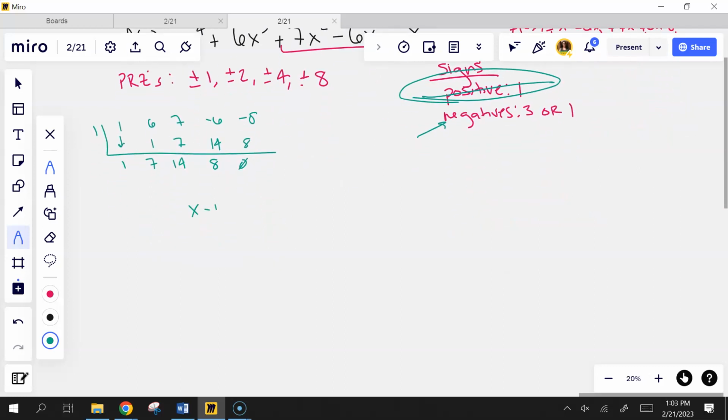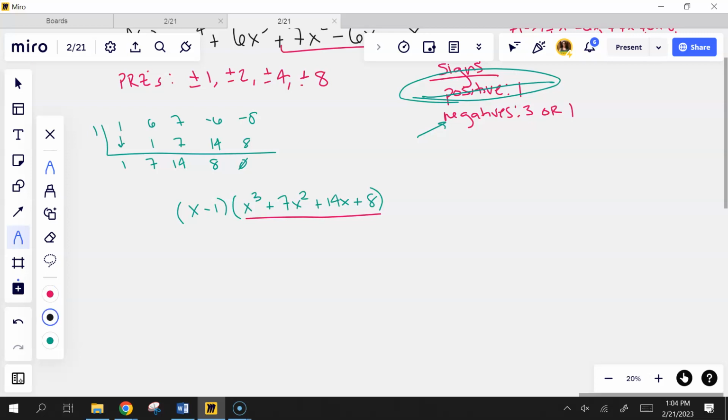So it's actually x minus 1 times, plus 7x squared plus 14x plus 8. And maybe I try to slash it here, but whenever I look at it, I go, but wait, it doesn't slash. This is another PRZ problem. But now that I did Descartes, I know there's no sense in wasting my time doing any positives because there's only one positive, so my last ones must be negative.